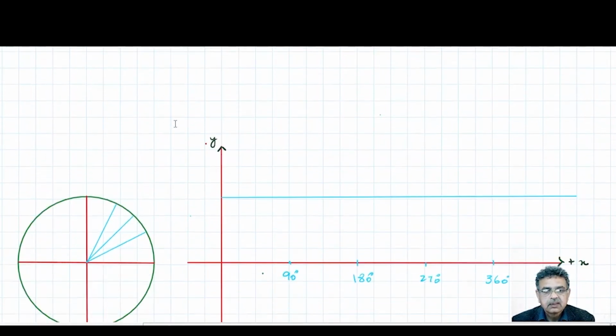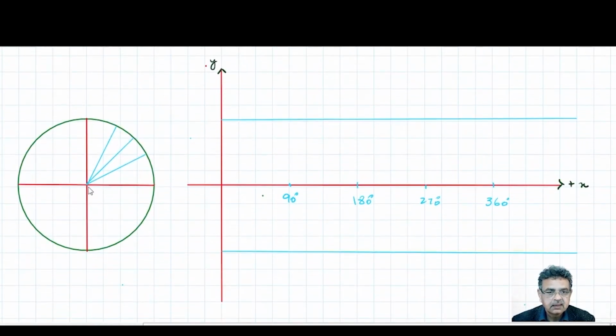Okay, now here in the circle, these blue lines, what do they represent? They are radius of the circle. Now at every point, this is approximately 30 degrees, then this is 45, and then this is 60 degrees.